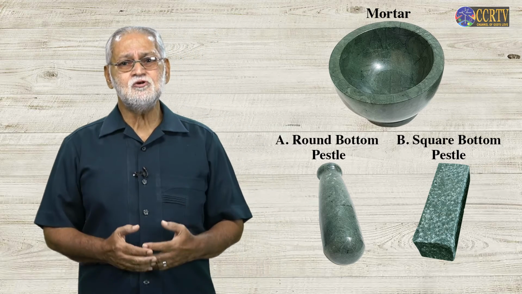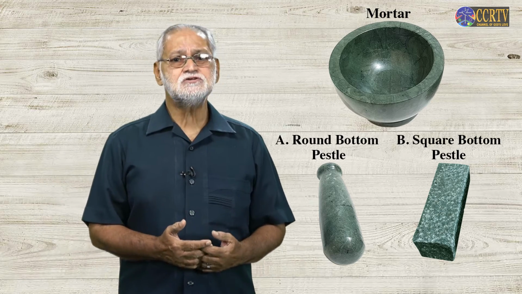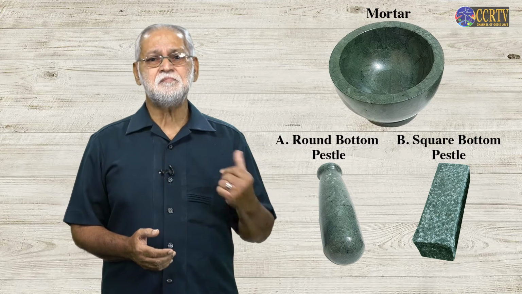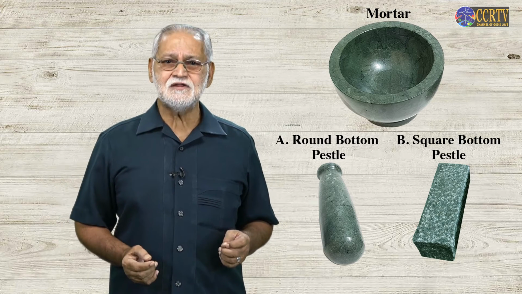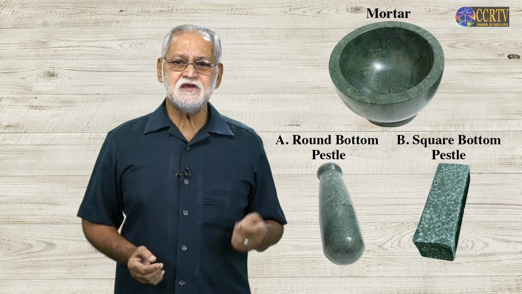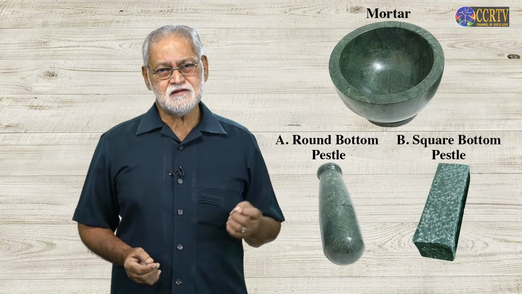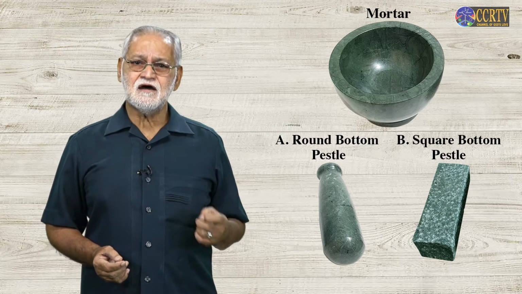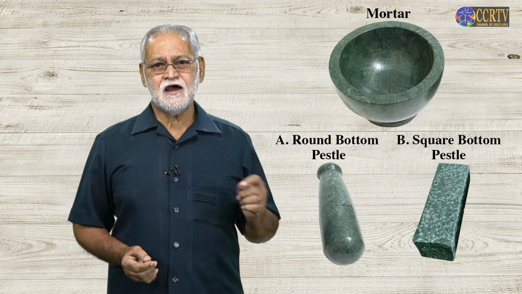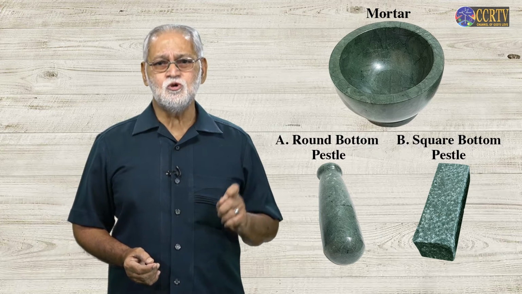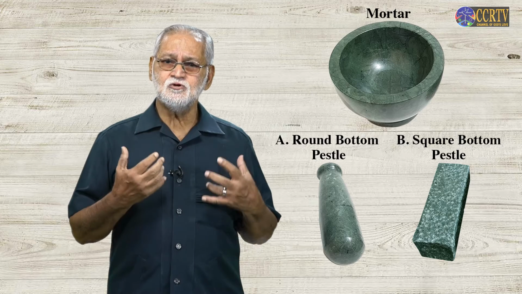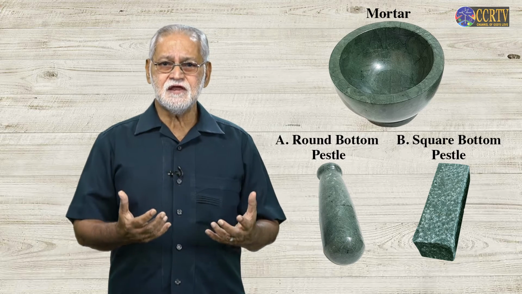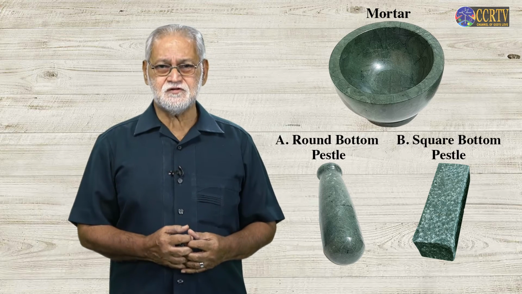Now let me tell you how I hit upon this topic of a square peg in a round hole. Recently my granddaughter Abigail, having finished high school, got admission in the art stream of a higher secondary school, despite having secured marks that could have easily got her admission into the science stream.